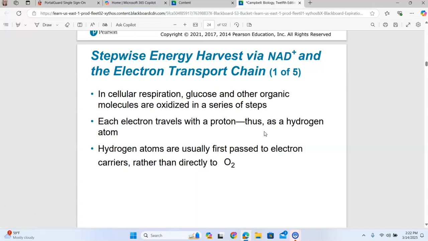In photosynthesis we'll have the same thing: oxidation and reduction, and you'll have to understand which reactant is oxidized and which is reduced. So glucose is oxidized, oxygen is reduced.